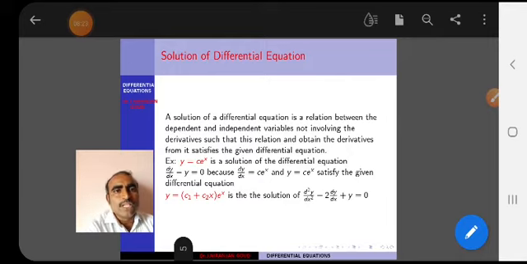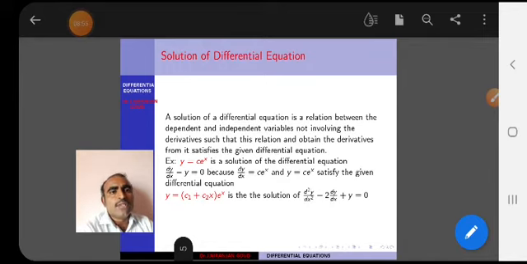So y is equal to c e power x is a solution of the differential equation dy/dx minus y is equal to 0. Given that y is equal to c e power x, check whether it satisfies the given differential equation dy/dx minus y is equal to 0. For that, first find dy/dx. y is equal to c e power x, so dy/dx is equal to c into e power x, the derivative of e power x.